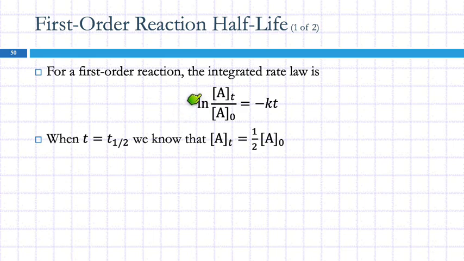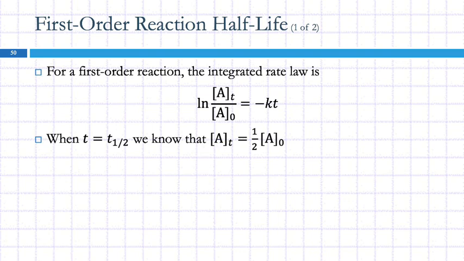So we come up with the natural log of the concentration at time t divided by the concentration at time 0 is equal to negative rate constant times t. Well, at t equal to t 1/2, we know that that concentration is half of what it was originally. We don't know what the concentration was, but at a half-life, we know that the concentration is 1/2.